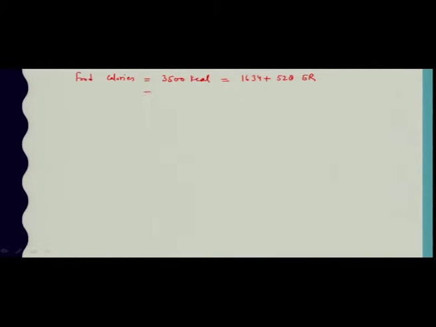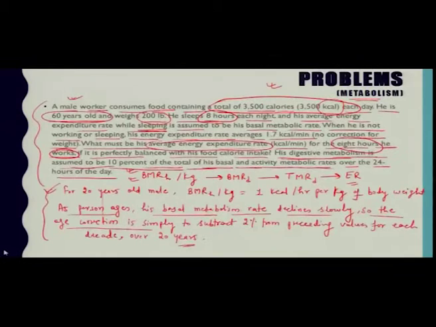In this way we can calculate ER equals 3500 minus 1634 upon 528. This will after evaluation come out as 3.53 kilocalorie per minute. So in this way you can calculate this particular energy expenditure rate with the help of the formula that we have learned in the theory class.